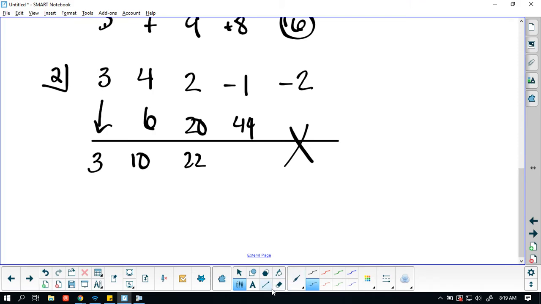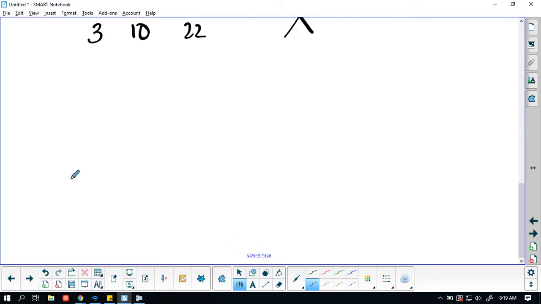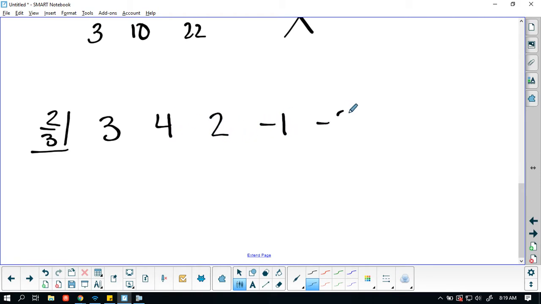So what we'd find here is that 2/3 is one of our solutions. So I'm going to use 2/3. 3, 4, 2, negative 1, negative 2.